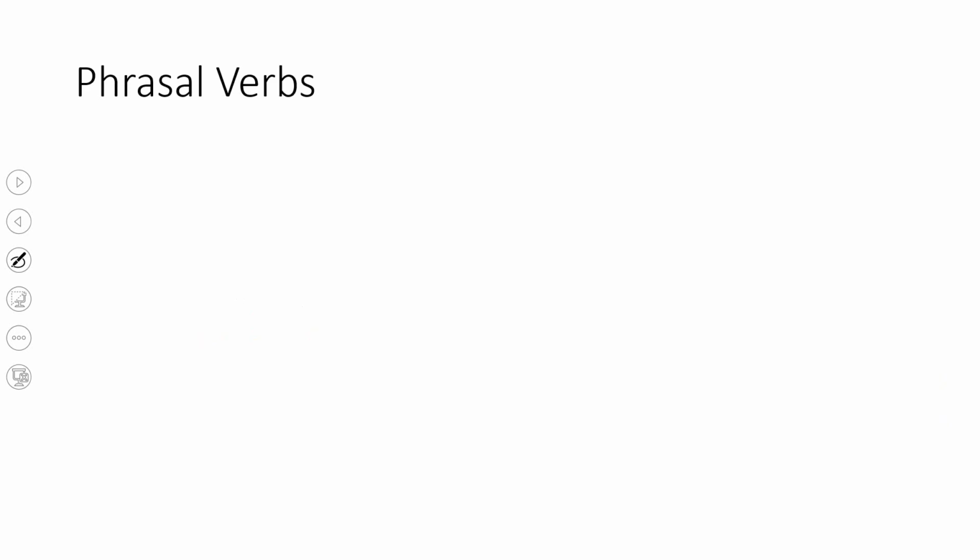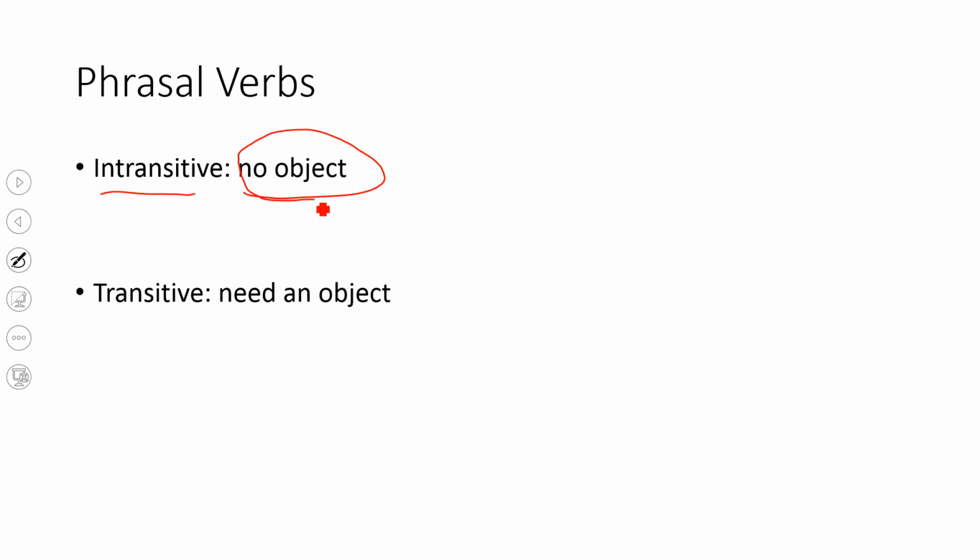So today, I've talked about phrasal verbs. I said there's intransitive phrasal verbs, and these require no object to complete the idea. There's transitive phrasal verbs that need an object, and there's separable ones where I could put the object after the preposition, or I could put it between the verb and the preposition.